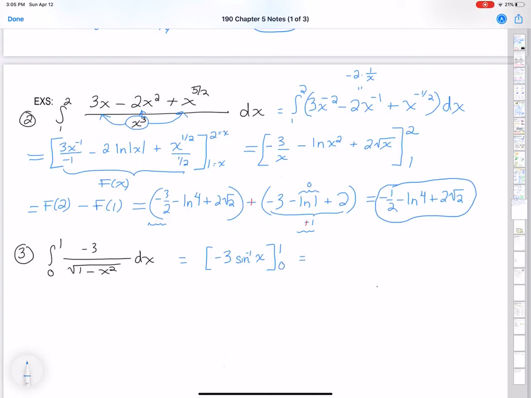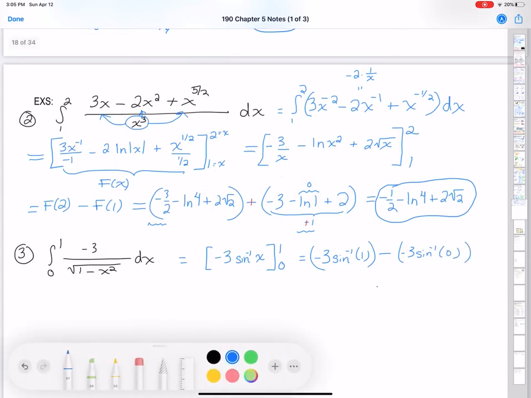And so we first sub in our upper limit, so negative 3 sine inverse of 1 minus the negative 3 sine inverse of 0. Of course, when you get it down to that, minus the one term that's negative is going to change into addition.